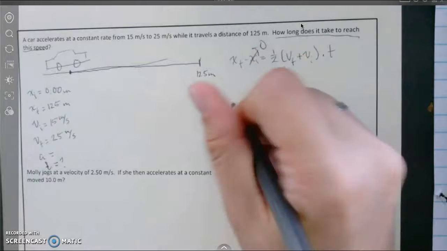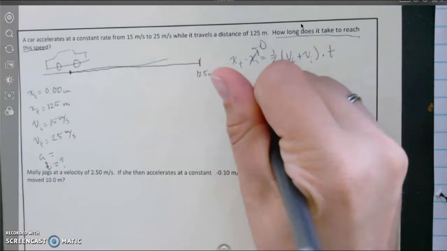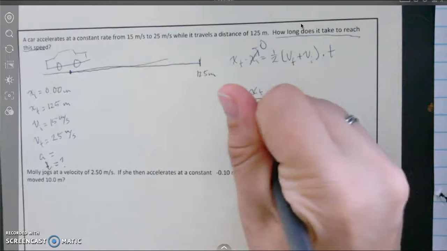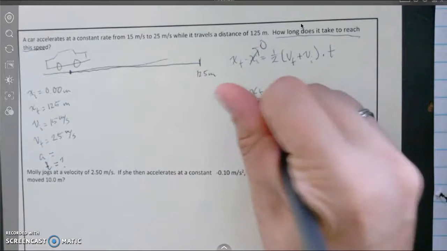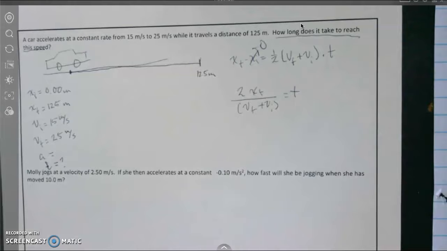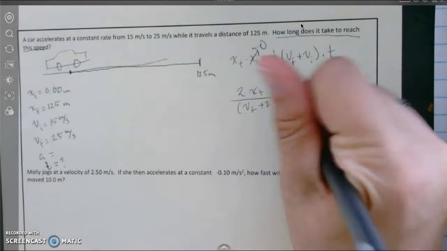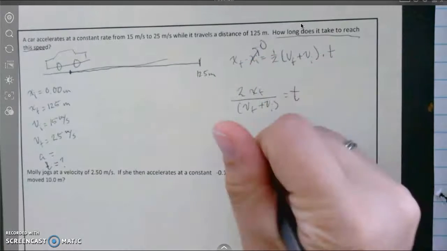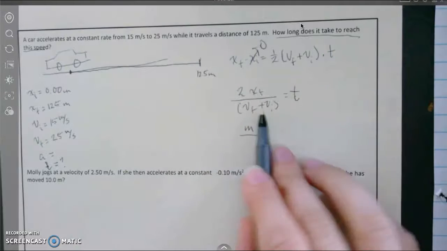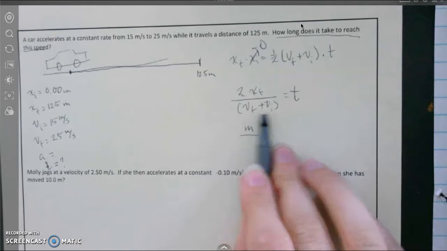It's all multiplied together. So we're going to get 2x final divided by velocity final plus velocity initial, which will equal time. And let's confirm that through a unit analysis. So we have x final, which is in meters, divided by meters per second plus meters per second.